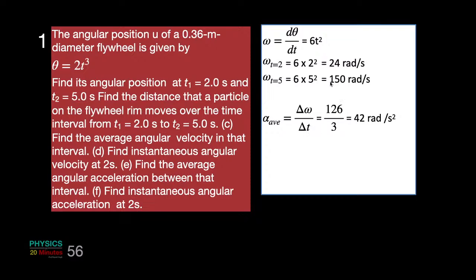So 150 minus 24 is 126 divided by time interval 5 minus 2, which is 3. That should give you 42 radian per second square. Note down the unit. It was radian earlier for displacement, radian per second for velocity, radian per second square for angular acceleration.